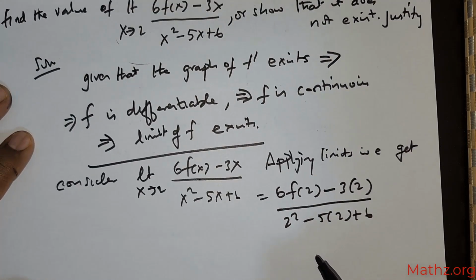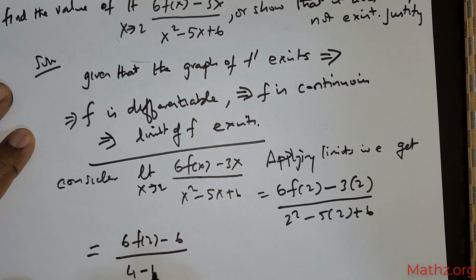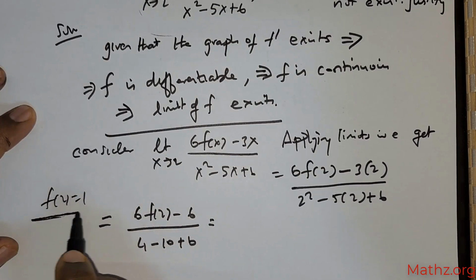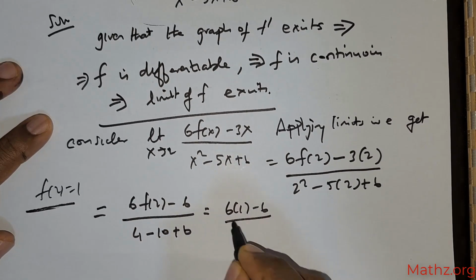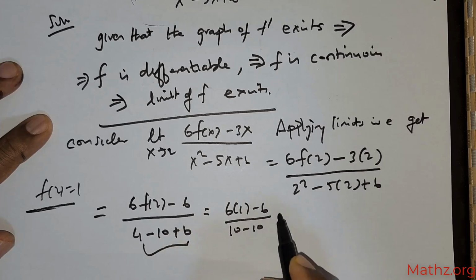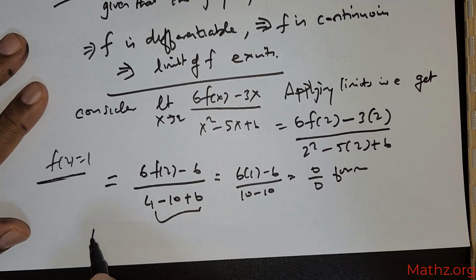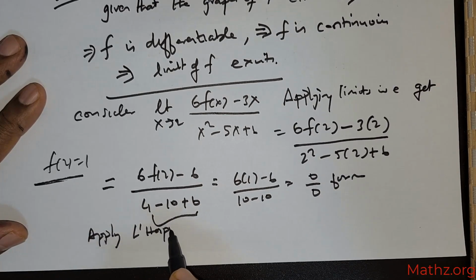Now we need to get the value of f of 2. So this is going to be 6 times f of 2 negative 6 divided by 4 negative 10 positive 6, and we are given that f of 2 is equal to 1. It's in the question. So this would mean 6 times 1 negative 6 divided by 10 negative 10, which is 0 by 0 form. So I would apply L'Hopital rule.